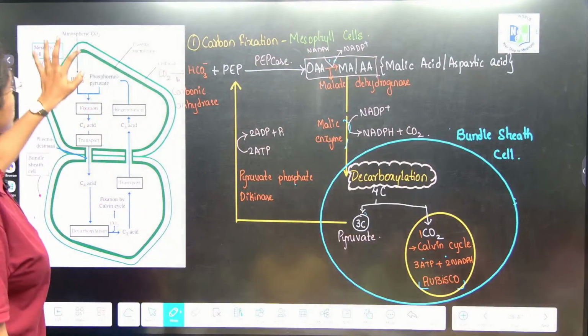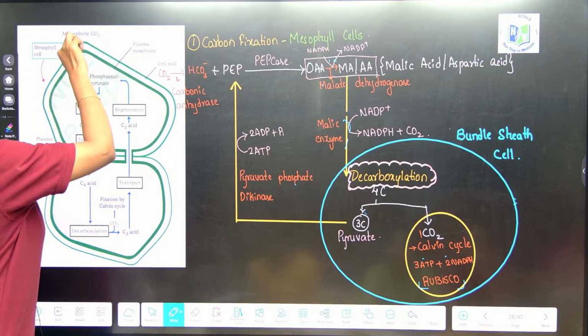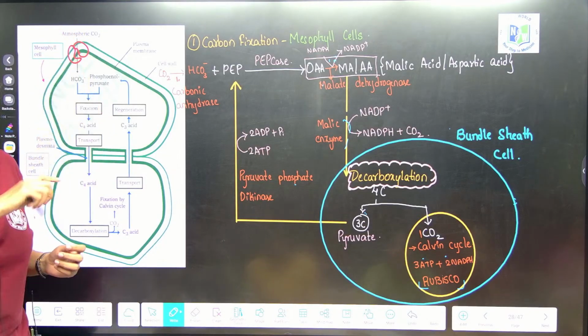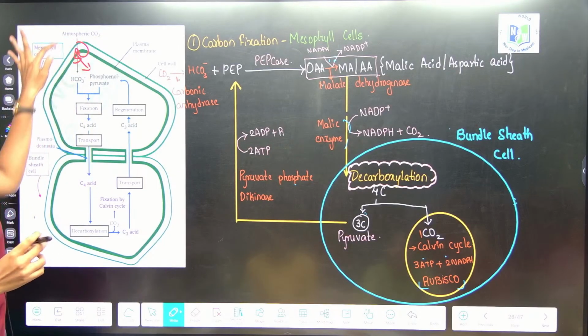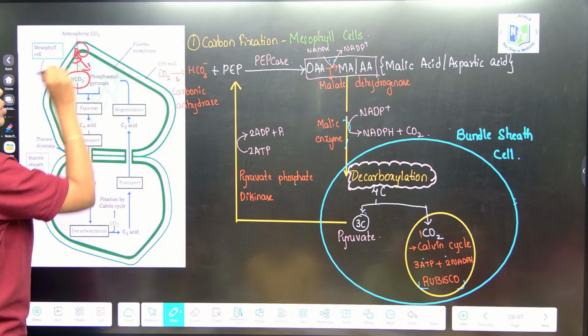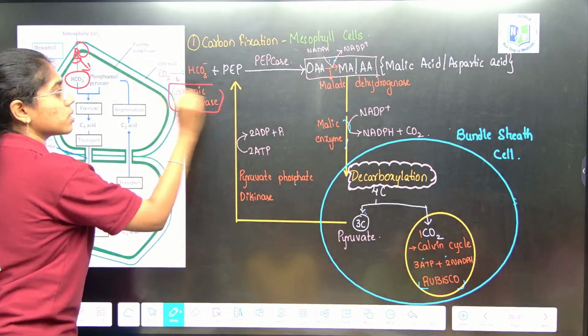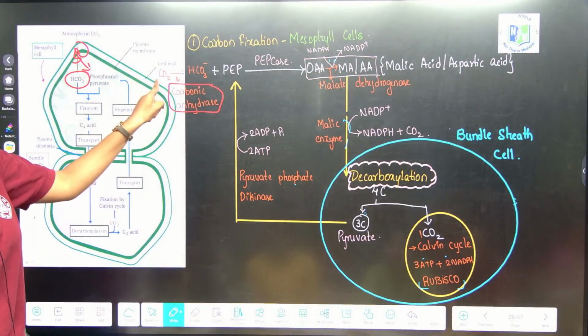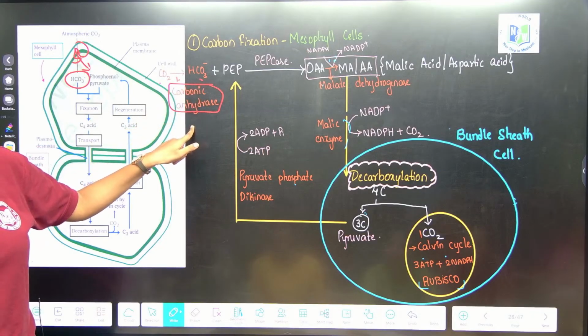First, what happens in mesophyll cells? Carbon dioxide is accepted via stomatal openings. Carbon dioxide entered into the cell. Once carbon dioxide enters the mesophyll cell, it gets converted to hydrogen carbonate via the enzyme carbonic anhydrase.